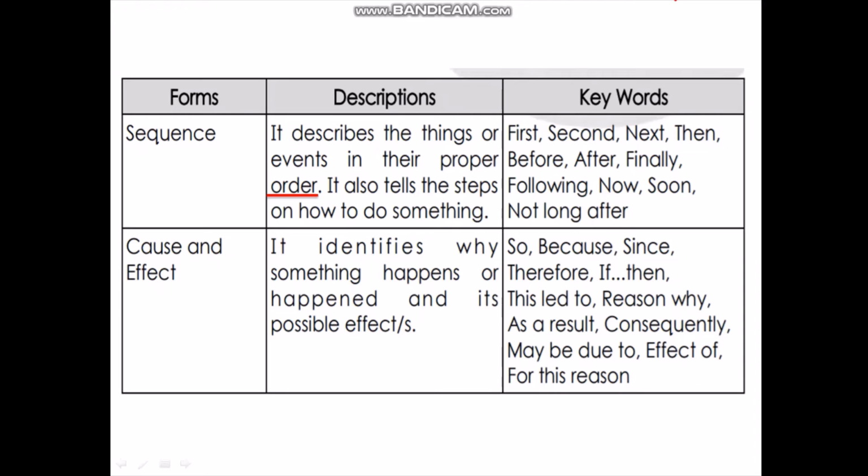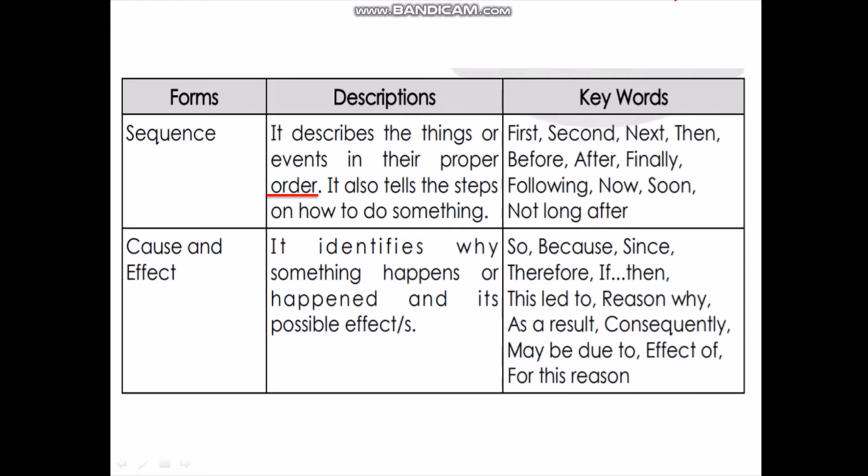And then, you need to rinse it. And then finally, you can put it at the rooftop or you can dry it outside. Okay? So again, sequence, it tells order or it tells the steps on how to do something.